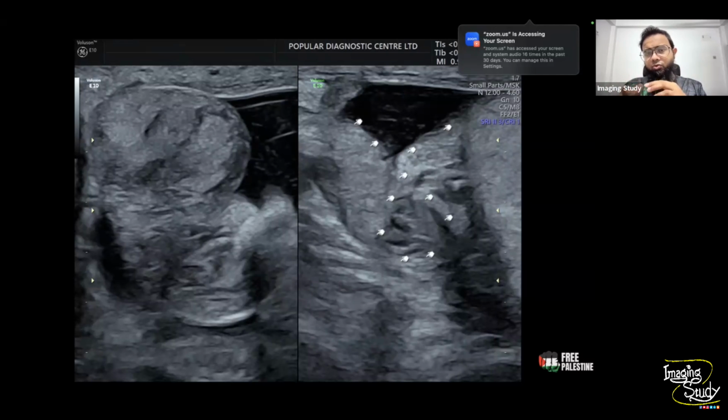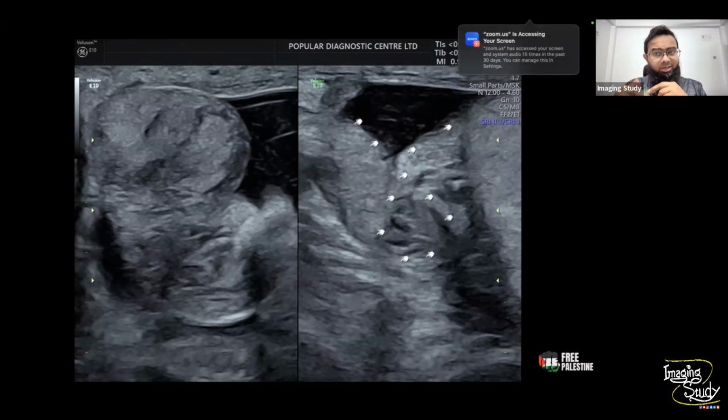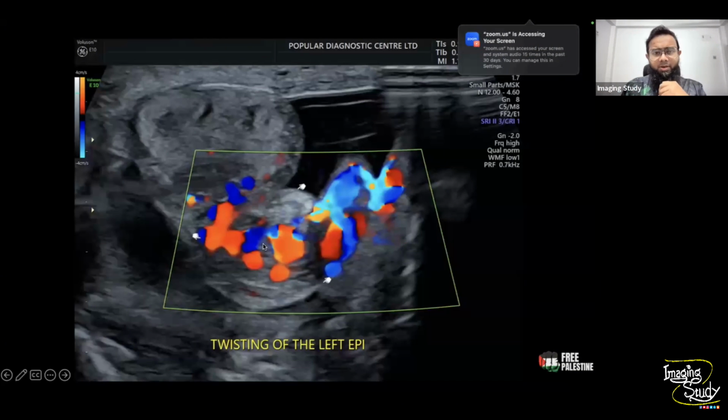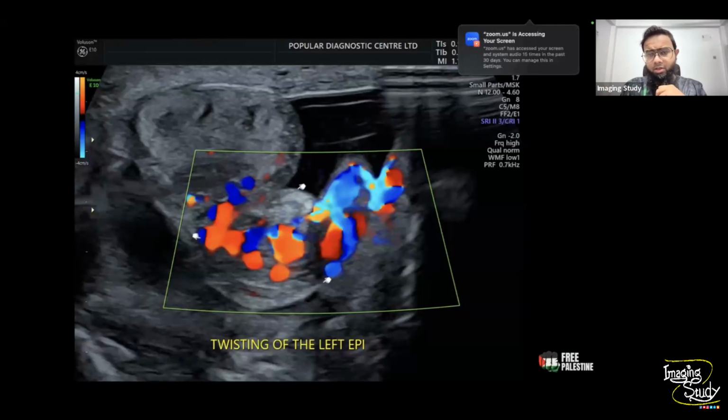Sometimes clinicians want to go for surgical exploration and they want to fix that because it's still in a twisted condition. So if you put Doppler, you'll see the swelling or the whirlpool sign on Doppler. Obviously, because it's still having a twist at that part, but it is not causing complete strangulation. So here, this is the part where the vessels are getting twisted, though it would be better if I could show you the video.